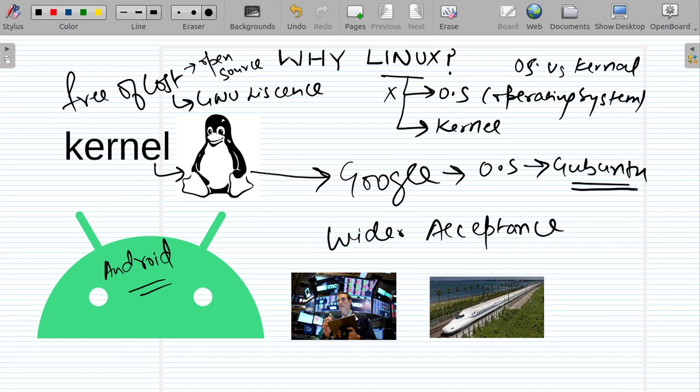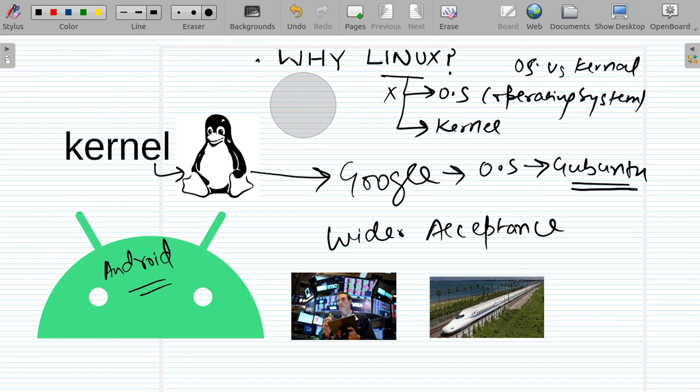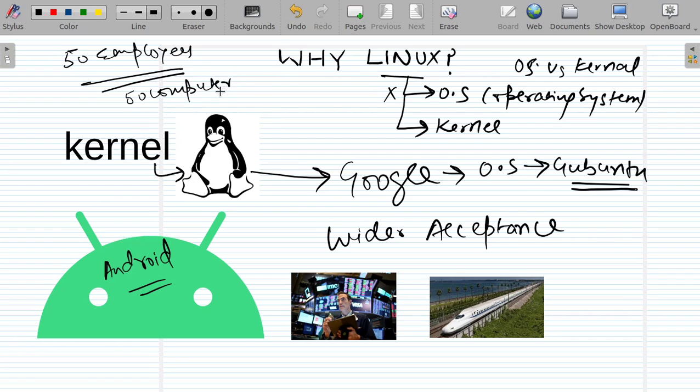Another major reason why companies are switching over to the Linux kernel, or you can say Linux-based operating systems, is that, for example, if a company has 50 employees, for those 50 employees they have to keep 50 computers, and each computer must be using some kind of operating system.